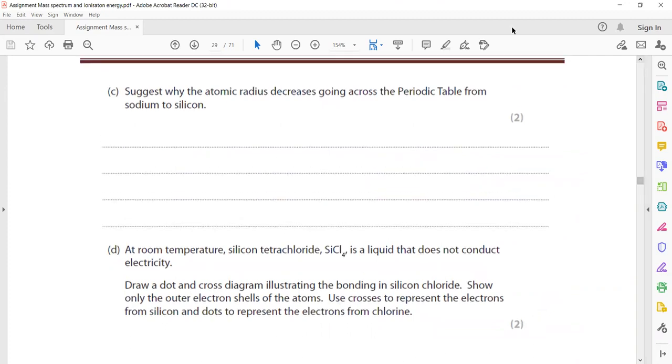And suggest why atomic radius decreases as we move across the period. So as we move across the period, the nuclear charge increases. It is of 2 marks. So for the distribution of the marks, you will mention when we move across the period, the nuclear charge is increasing.